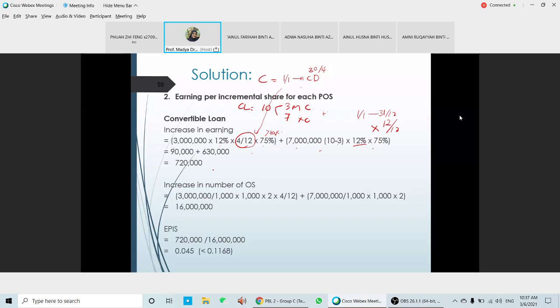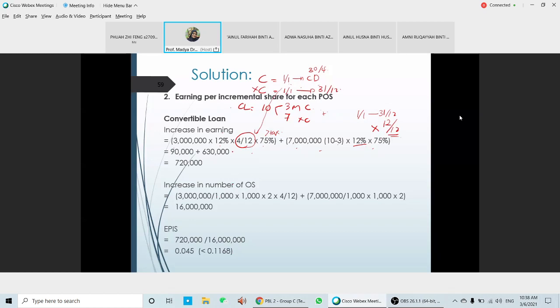So altogether the increase in earning will be 90 and 630. So you're going to have 720. So remember about this one, the one that is converted is from the beginning until conversion date. The one that is not converted is from the beginning until the end of the year. Okay, so 12 months, so this time is 12 over 12.